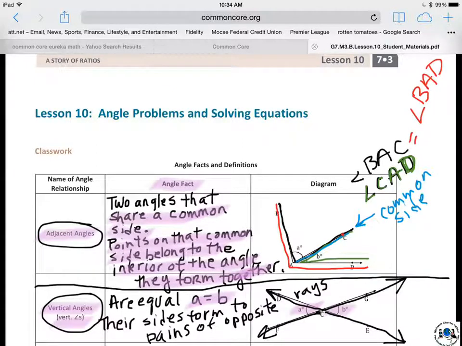So these rays are moving opposite ways. Their sides are moving in opposite directions, which may not always be the case, but they have to be if they're going to be considered vertical angles.